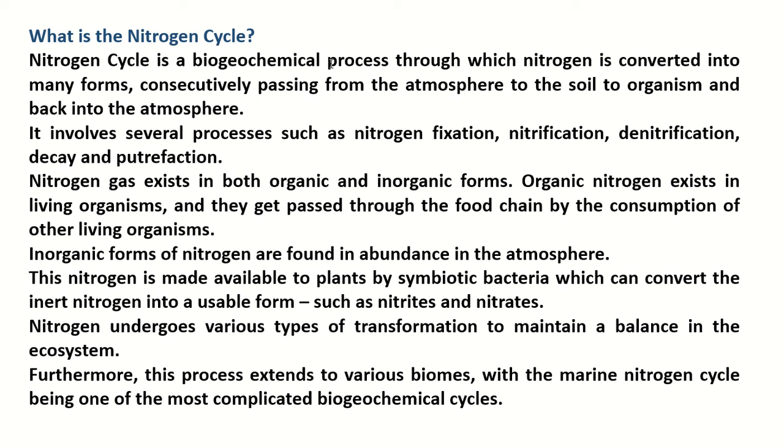So nitrogen undergoes various types of transformation to maintain balance in the ecosystem. What is the ecosystem? We people are living in this environment. In the outer atmosphere, nitrogen, oxygen, and carbon are there. We are eating plants, and certain ones eat animals too, depending upon that.